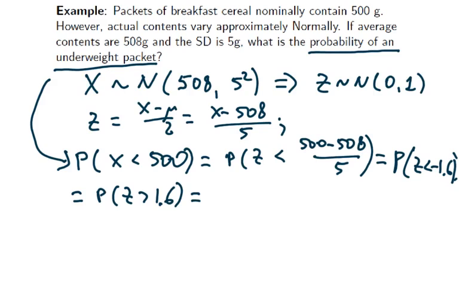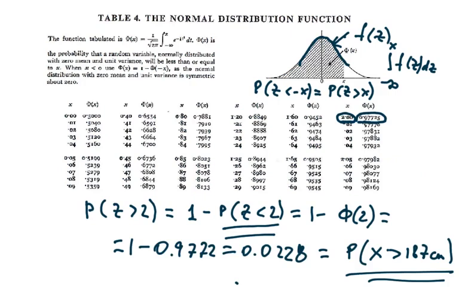And this way we get back to problem which we had before in our first example. This equals to 1 minus probability that z is less than 1.6. And this value is already given in table for standard normal distribution. Let's look at it. So value 1.6 and phi capital for 1.6, or probability that z is less than 1.6 is 0.9452.